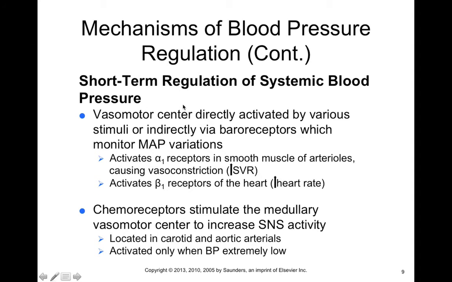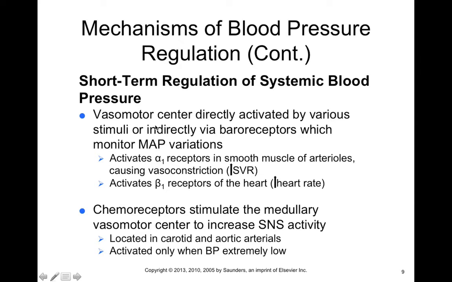Now, in terms of how our blood pressure is regulated in the short term, this mostly involves your nervous system as well as direct modifications of blood vessel diameter by the blood vessels themselves. When we talk about how our nervous system maintains blood pressure, we refer to the vasomotor center.